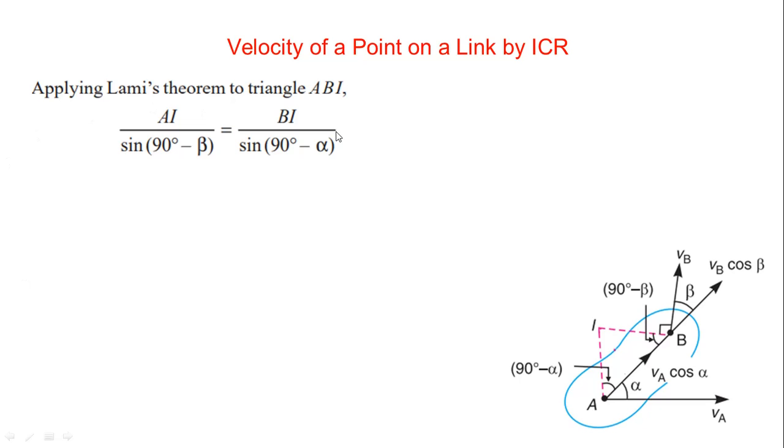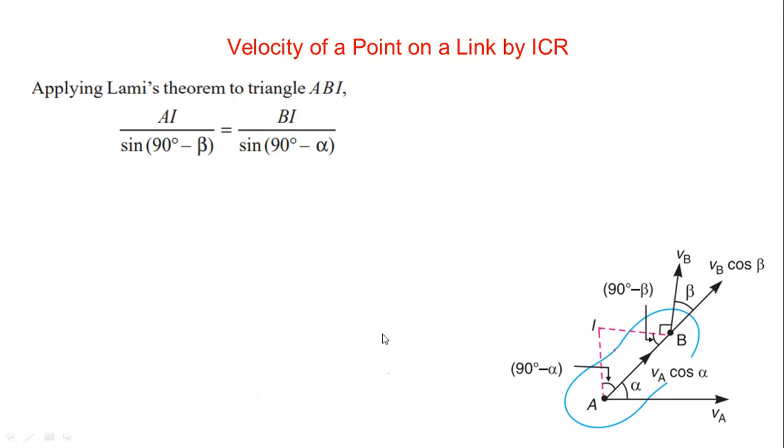Similarly, if we apply Lami's theorem or the sine rule for the triangle ABI, where is the triangle ABI? A, B and I, this is the point over there. For that, AI upon sine of 90 minus beta, and similarly BI upon sine of 90 minus alpha.